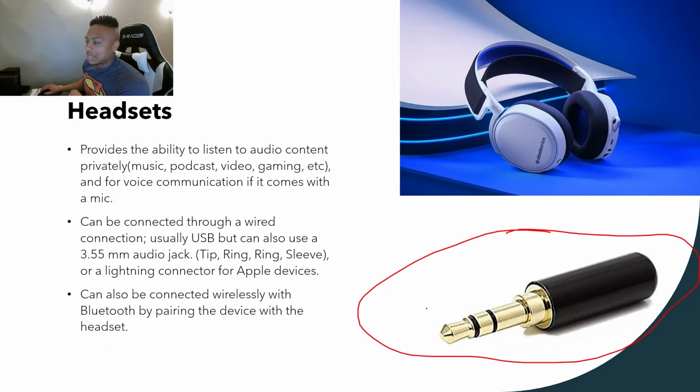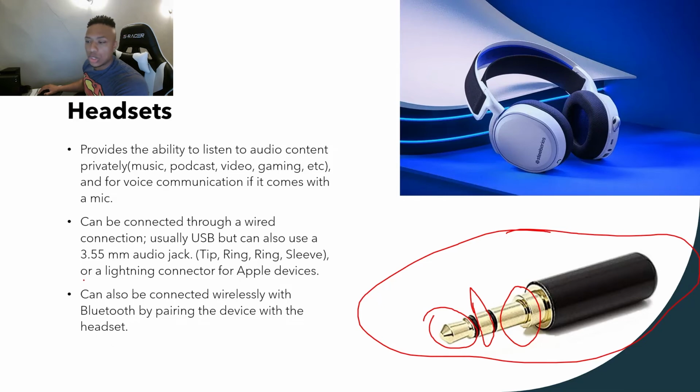All that means is if you look at this jack right here, you can see there's a black band separating it. This right here is the tip, and then this is going to be the ring, and then this is probably the sleeve. The sleeve is at the very back, and the ring is whatever is in the middle. Whatever is pointing out is the tip. There's different ones. We will talk about it in the next slide, of course, but just keep this in mind, guys. You might be asked about it.